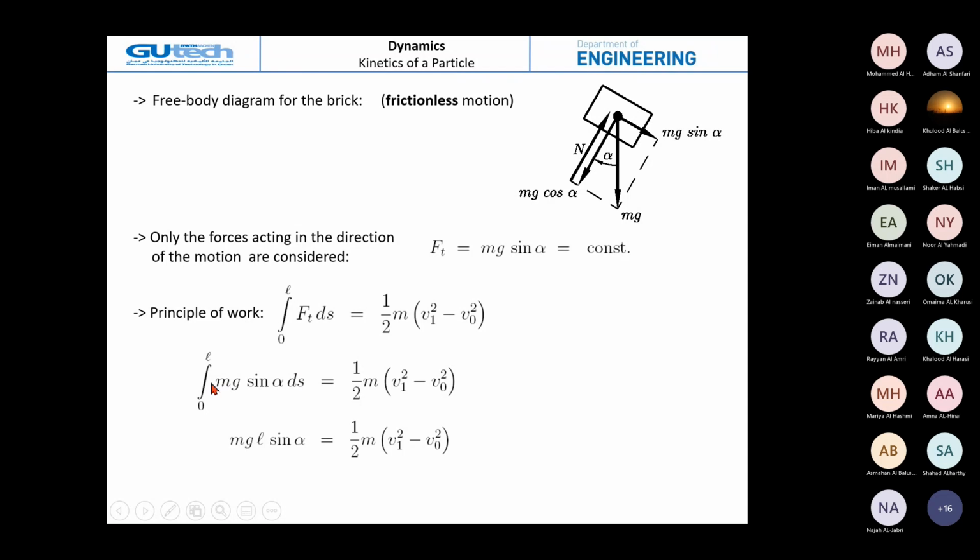Then it will be mg sine alpha s, s from 0 to L, then it will be mg L sine alpha, and this will be equal to the difference between the kinetic energy, half of the mass. The speed v1, we have seen it in part 1, it's the square root of 2 times g L sine alpha, and this is only 2 times g delta h.